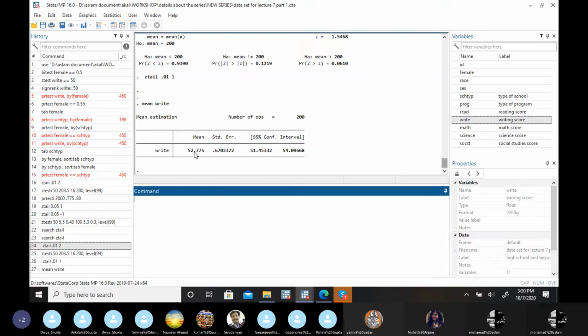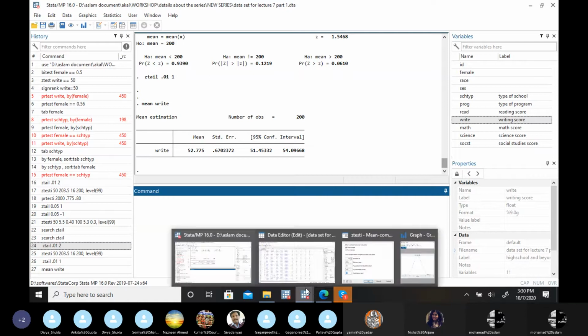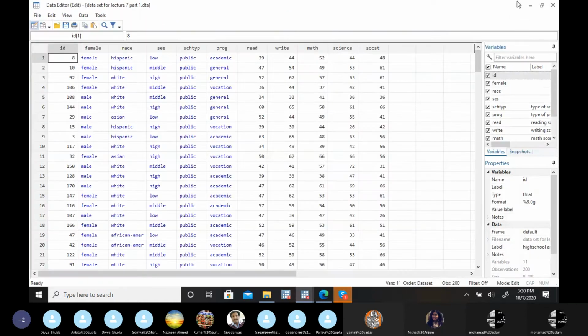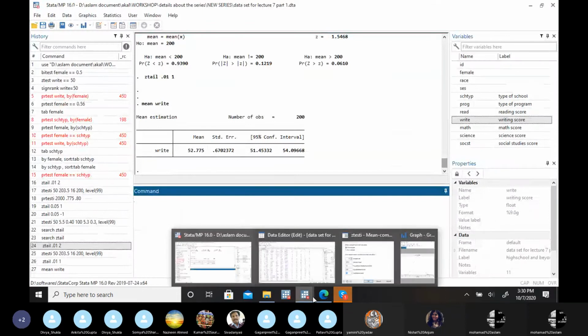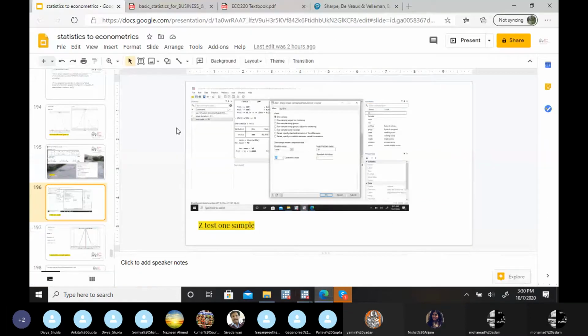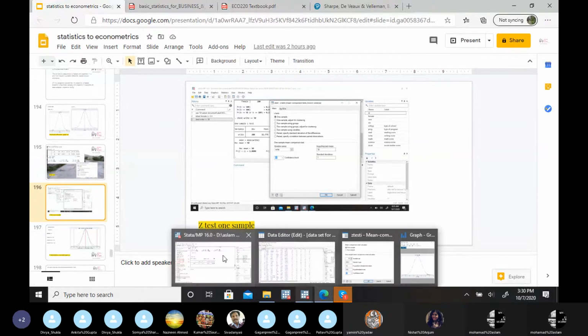I'm curious or worried whether it's just by chance or whether this section is facing some problems. So let's do this type of hypothesis testing. We have this one-sample test, and our variable is the writing score. So how will you do this particular hypothesis testing?